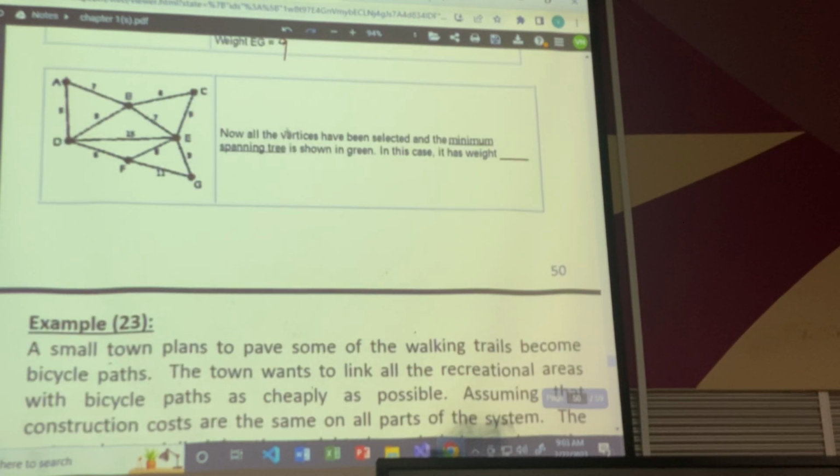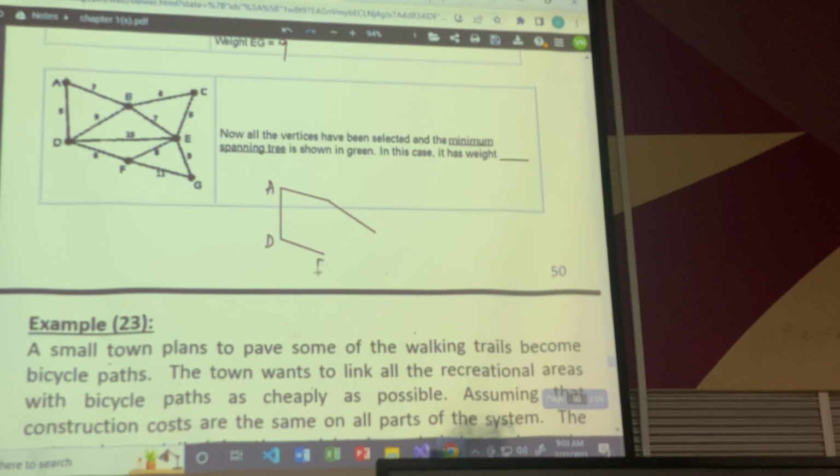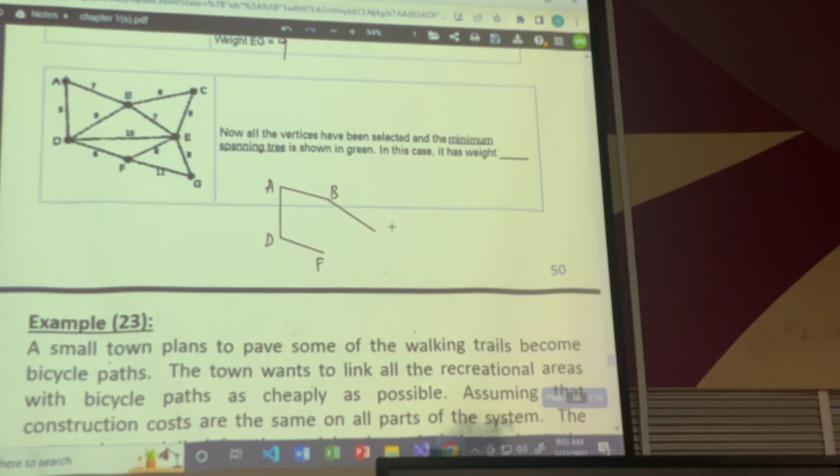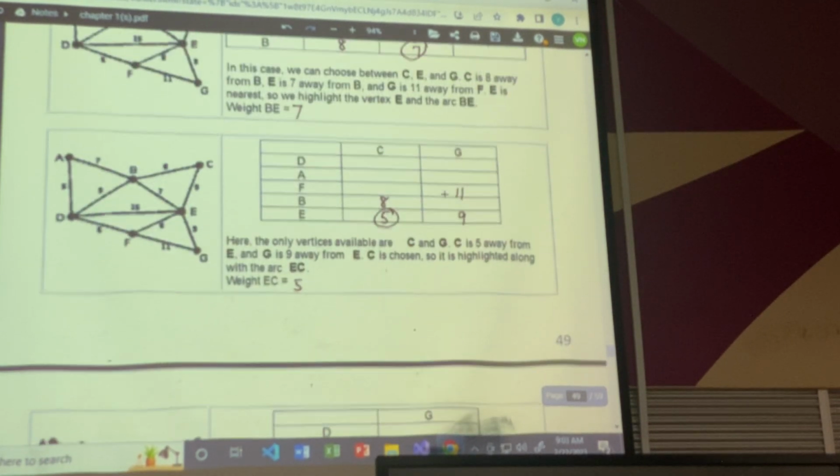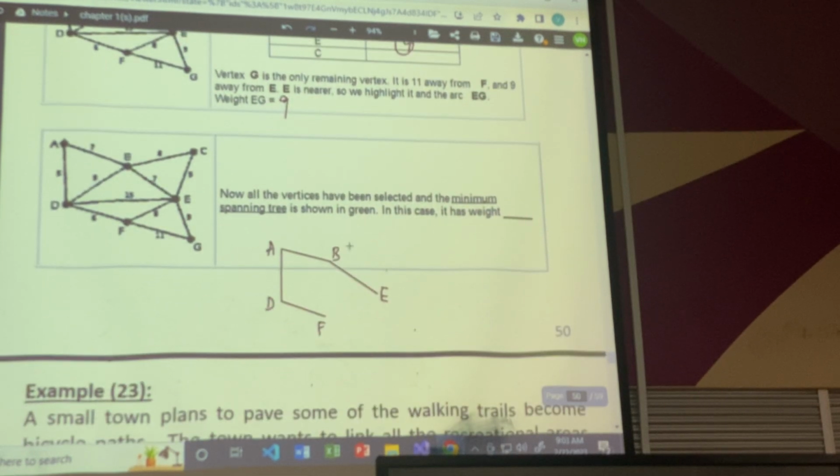So your graph. So this is A, D, F, B, E. What else? E, C, E, G. So we have this.